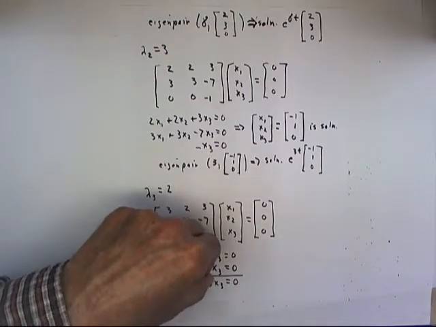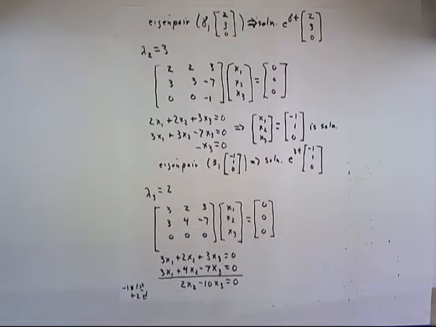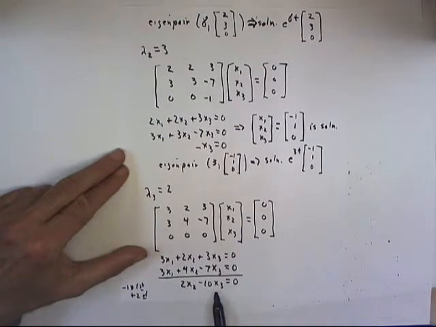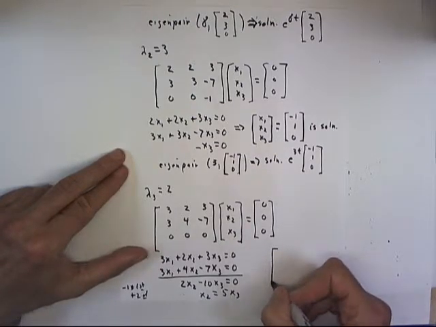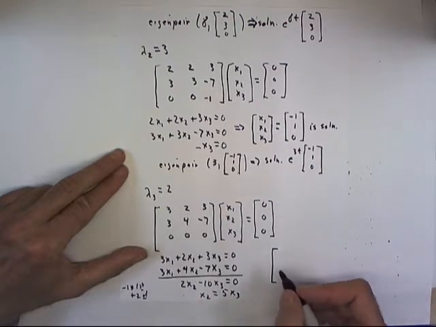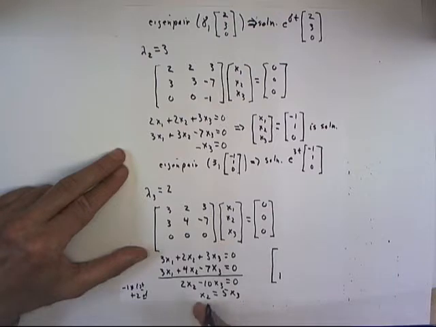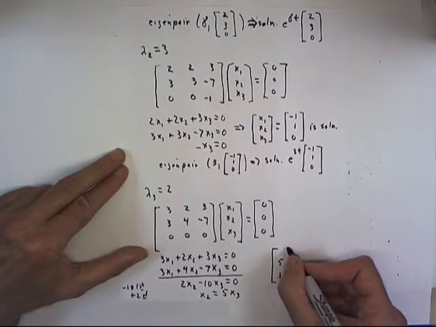Negative 3 and negative 7 is negative 10, 0 and 0, 0. So we end up with 2x2 minus 10x3 equals 0, which can be written as 2x2 equals 10x3, meaning that x2 equals 5x3. Choosing x3 as 1, x2 and x3 being constrained, if x3 is 1, x2 has to be 5.